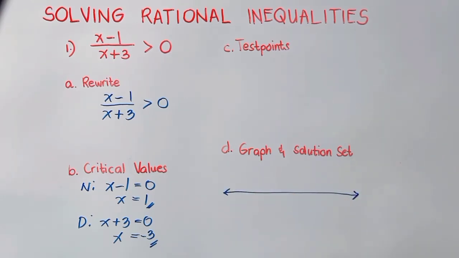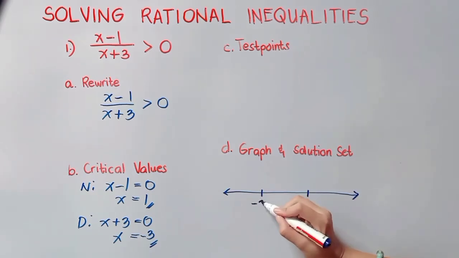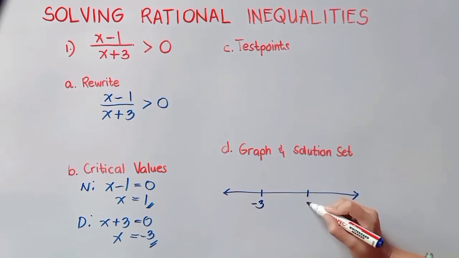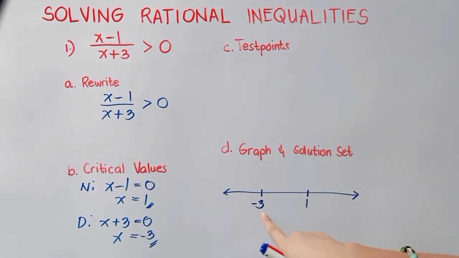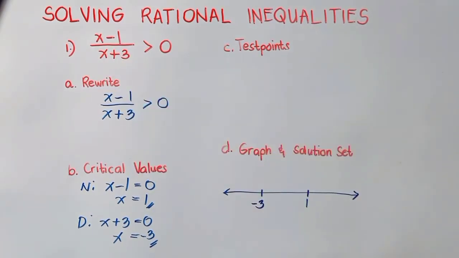Our graph for inequalities is a line graph. So a line graph is from negative numbers going to positive numbers. This is also like the x-axis of a Cartesian plane. Our first value, negative 3, will make our denominator 0, which will be undefined.